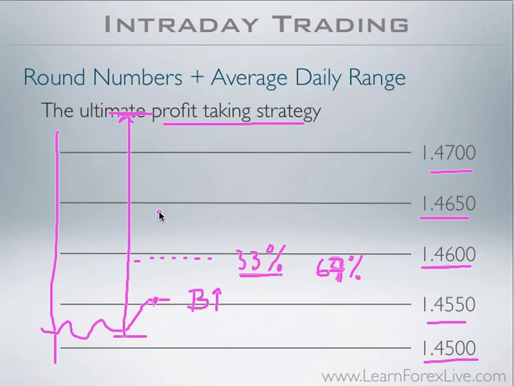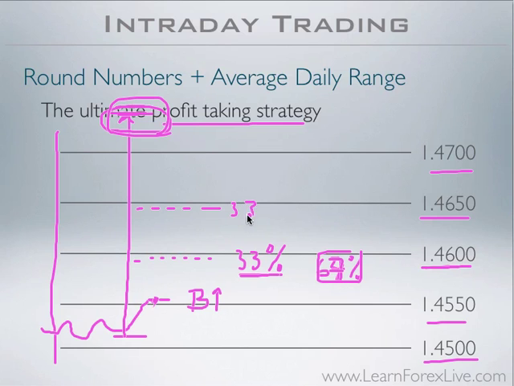Then I would let the remaining 67% of the trade run to further profits somewhere in this area. What I usually like to do is, every 50 pips, every round number, unload an extra 33% of the trade, all the way until my ADR projection.